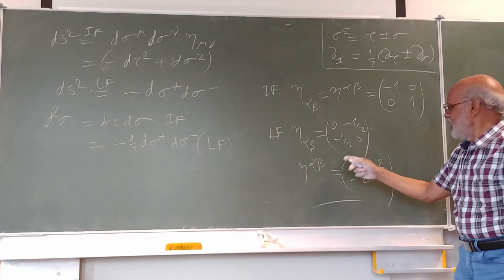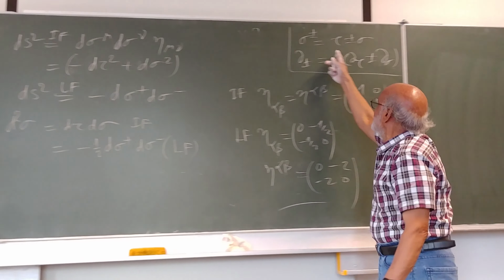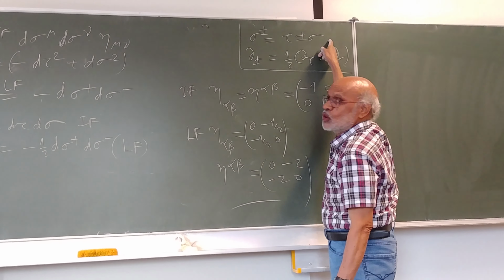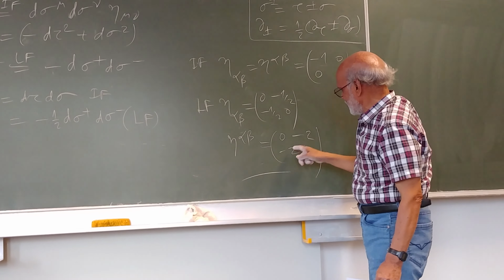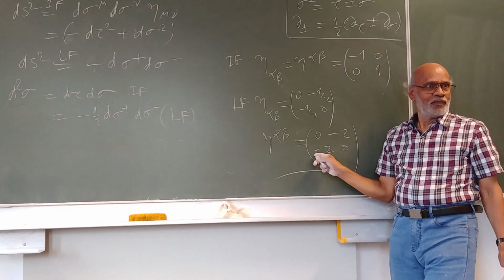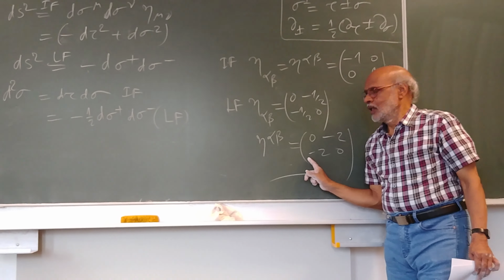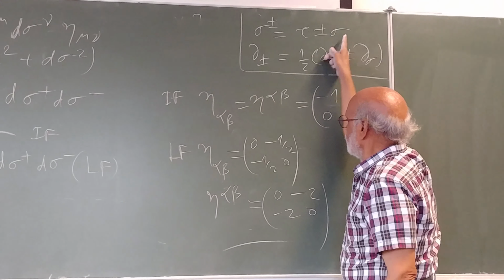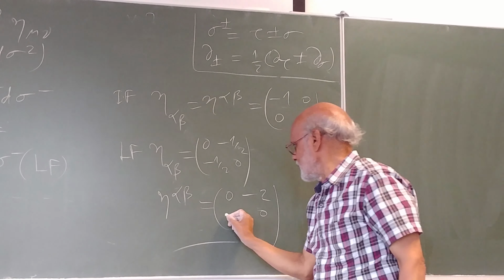This 1/2 and 2 comes about because in our definition, had we taken this divided by square root of 2, then this would have been just minus 1 and minus 1. If we take this divided by square root of 2, then this factor of 2 disappears from all these places.